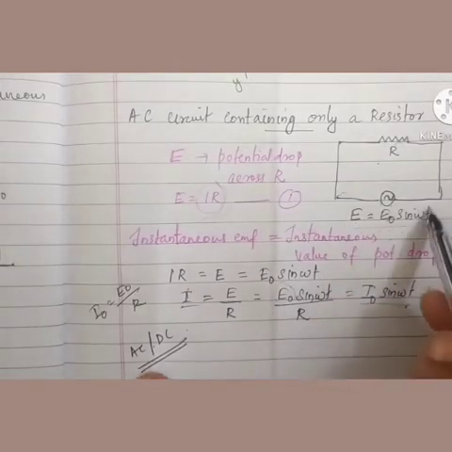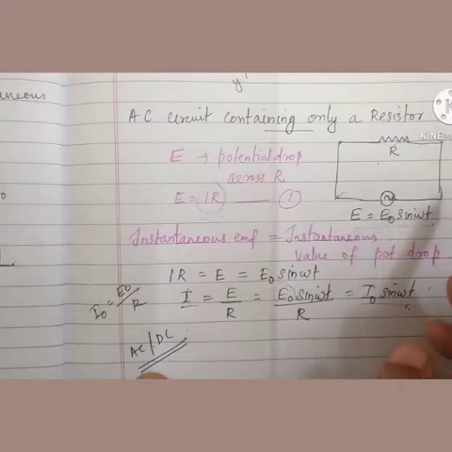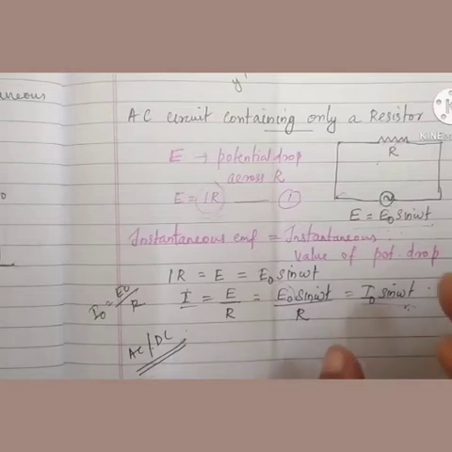Is there any phase difference between two? No. Zero phase difference between the instantaneous alternating current and instantaneous alternating EMF, which means they are in the same phase.